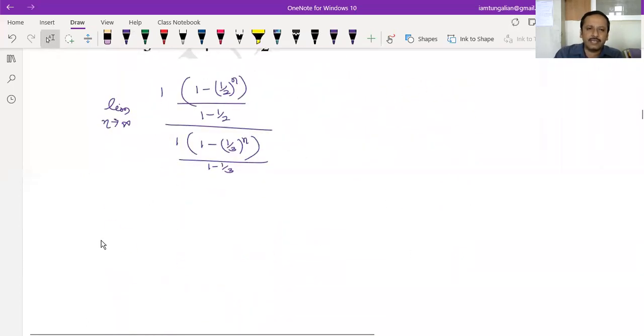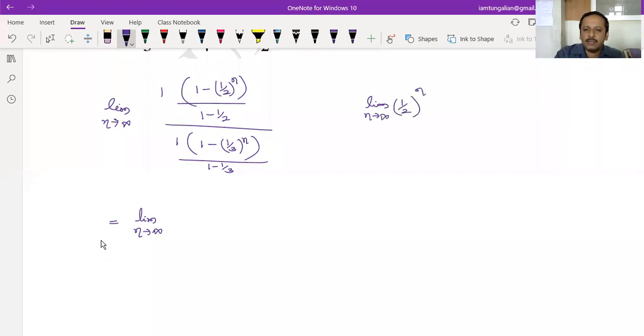Okay, then that's equal to limit n tends to infinity. See, as n tends to infinity, 1 by 2 whole power n will become 0. Limit n tends to infinity, 1 by 2 whole power n will be equal to 0. How will it be equal to 0?